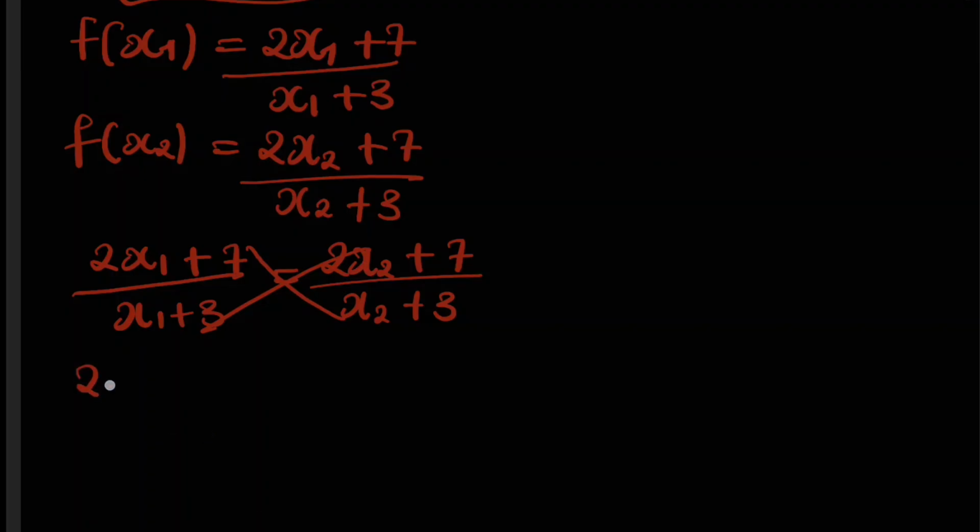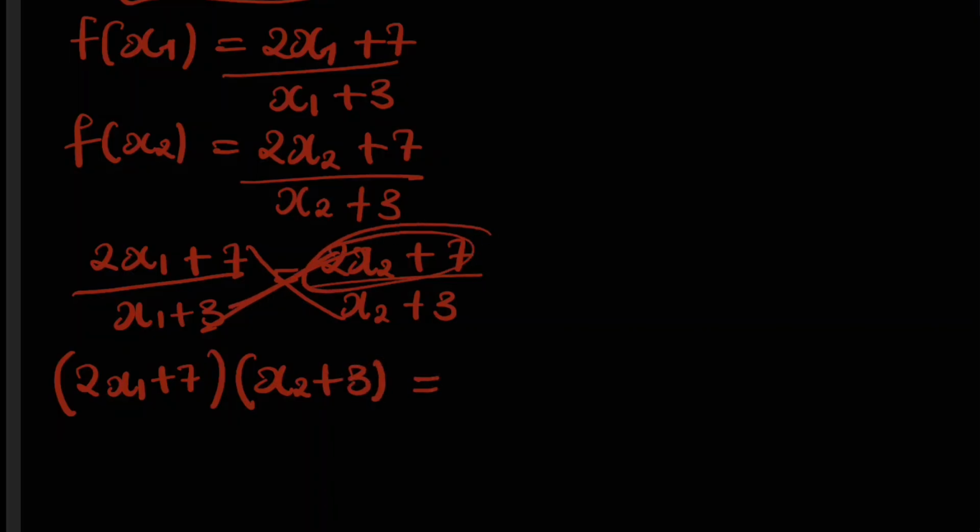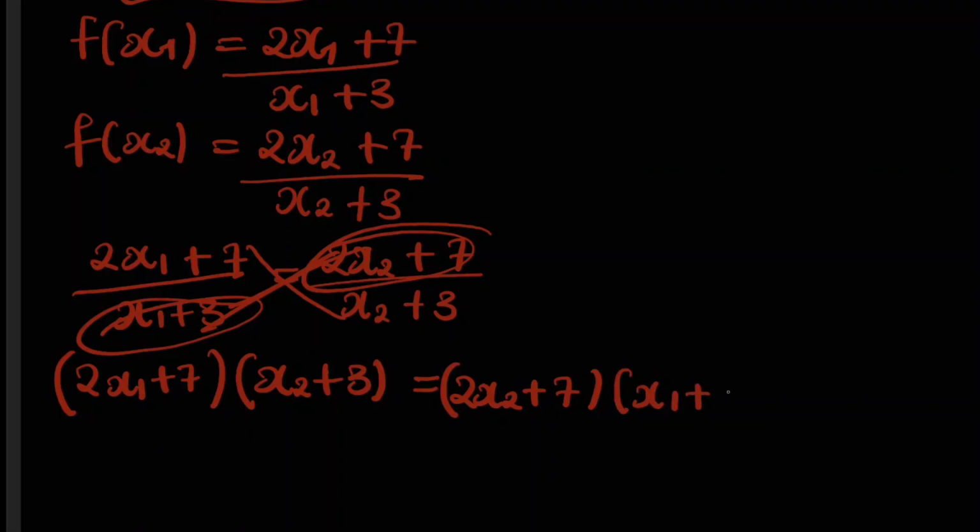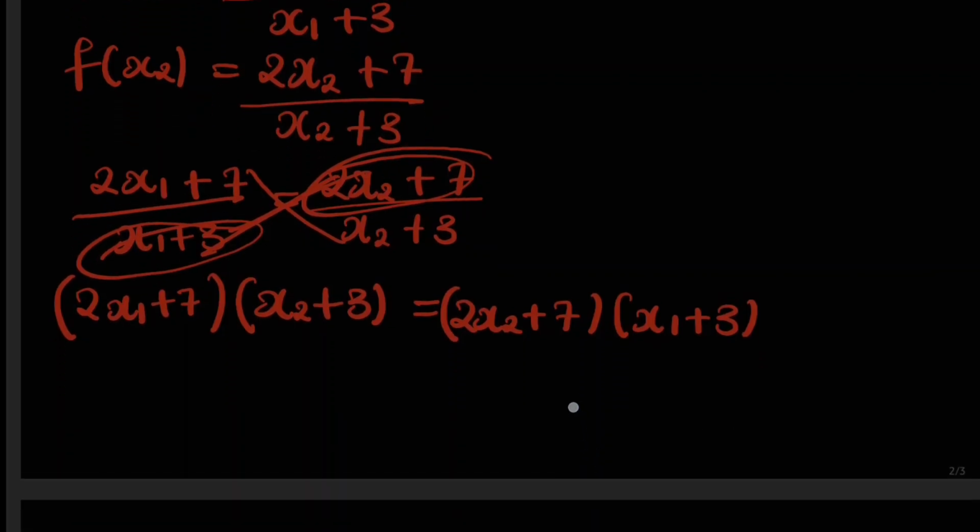We have 2x1 plus 7 into x2 plus 3 equal to, we cross multiply this and this, 2x2 plus 7, all that into x1 plus 3. Okay, this is a pretty long bracket.